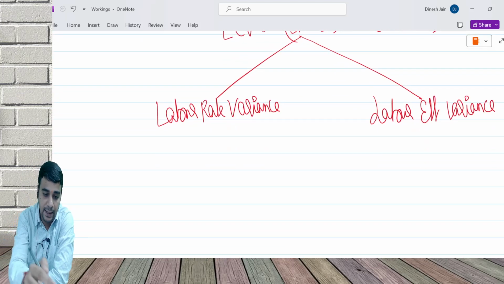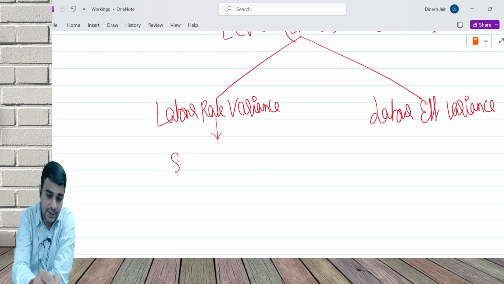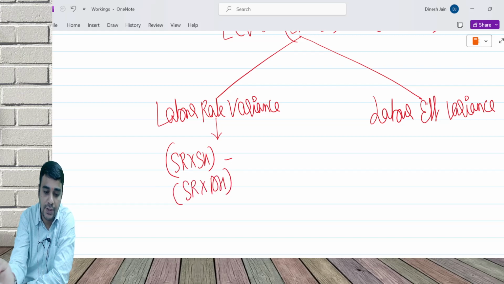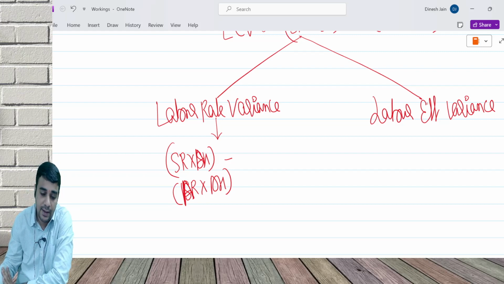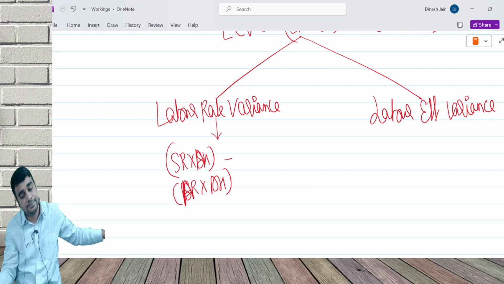Write this side: labor rate is SR into AH minus AR into AH.